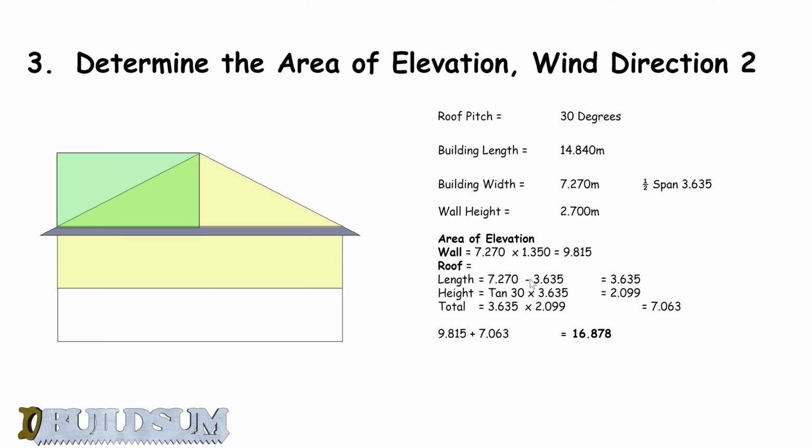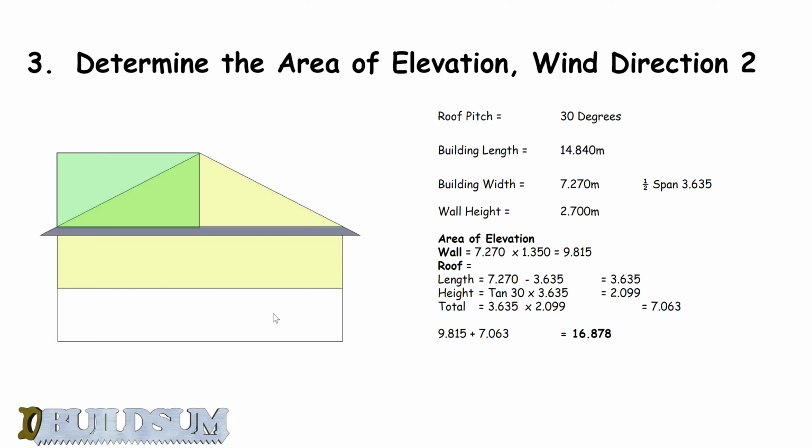So the width of the building minus the half span gives us the same number, 3.635. We already know the height of the roof from our previous calculation, so 2.099. Times them together, we get a total area of our roof of 7.063 square meters. So the roof plus the walls gave us a total area for wind direction 2 of 16.878 square meters.